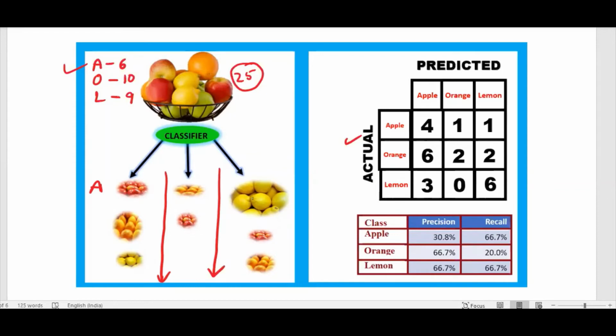According to the classifier, these are apples, these are oranges, and these are lemons. Now, when the classifier says these are apples, we'll check that these are correct. How many apples did this classifier correctly classify? 4 here. And how many correctly classified oranges? 2 here.